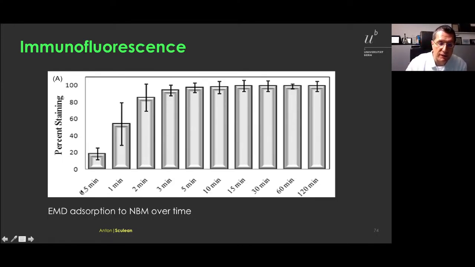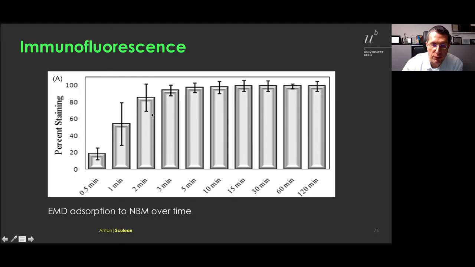So look at the absorption of EMD on the graft over time. What do these bars mean? You take the graft, you add EMD and blood after half a minute, then you have maybe 20% of the EMD proteins on the surface of the particles. Not so much. Then you do the same and wait for 1 minute. You have almost 60%.